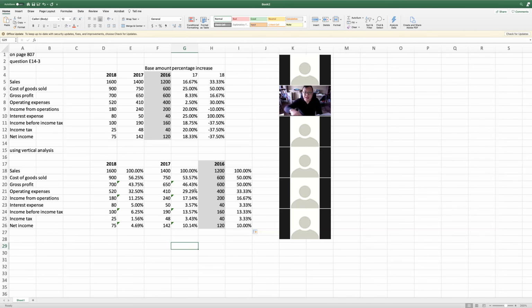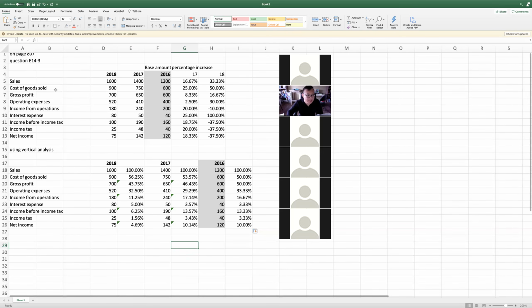As you can see, I'm going vertically, comparing different rows. So that's why this one is called vertical analysis, and this one is called horizontal analysis. Does this make sense? Thank you.